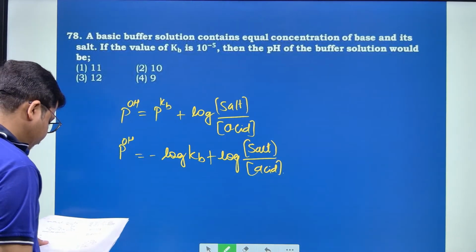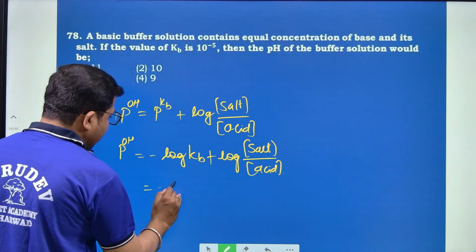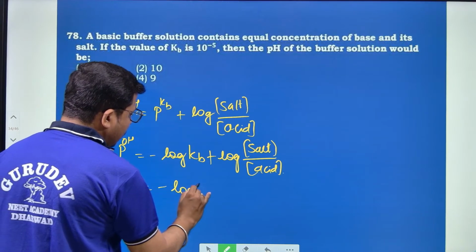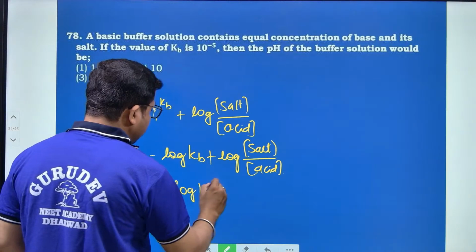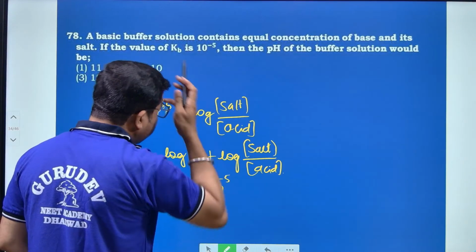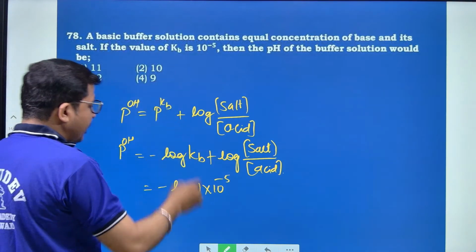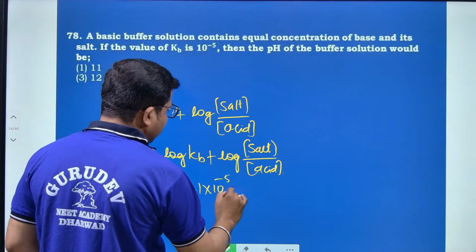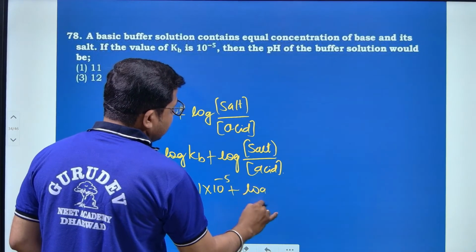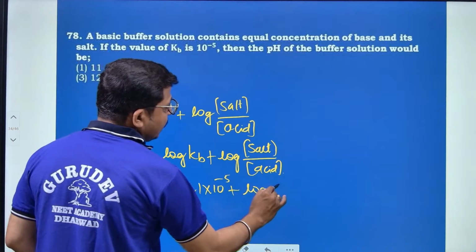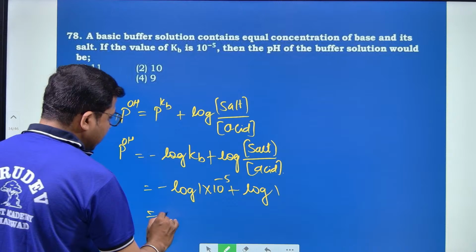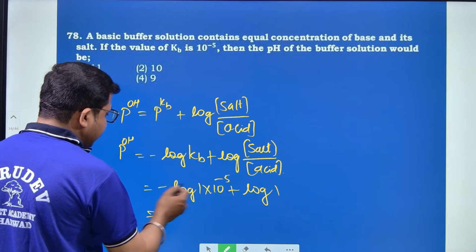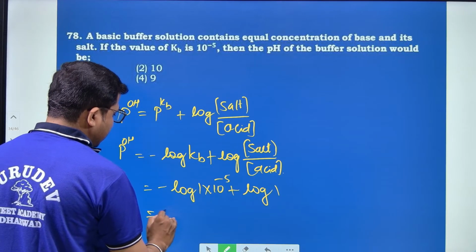Now minus log of 1 into 10 to the power minus 5, right? They have given 10 to the power minus 5, plus the concentration of salt by base is taken as unity, and hence log 10 is 1 and minus 5 into minus 1 is 5.